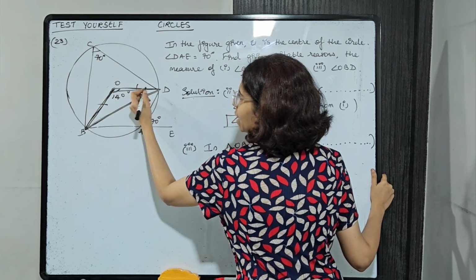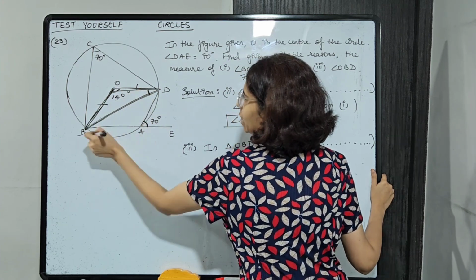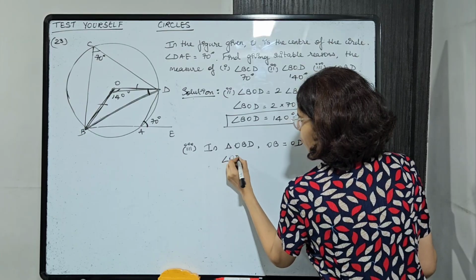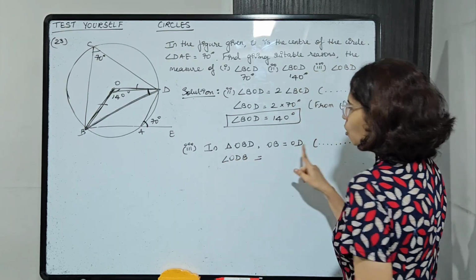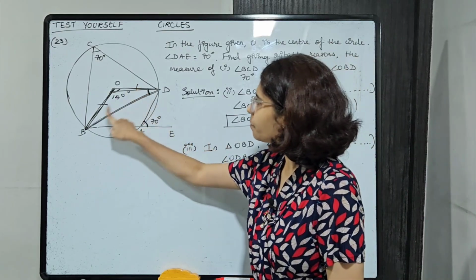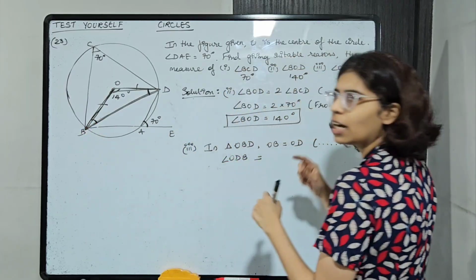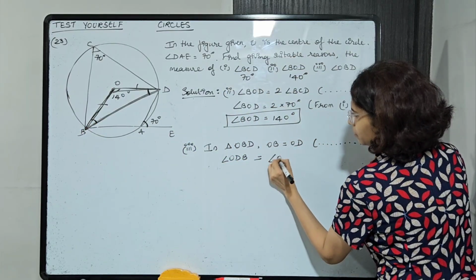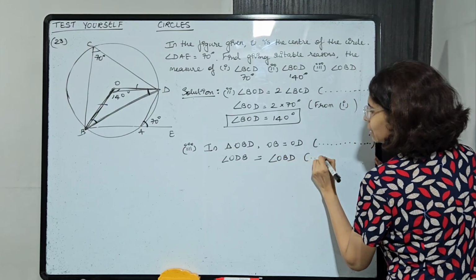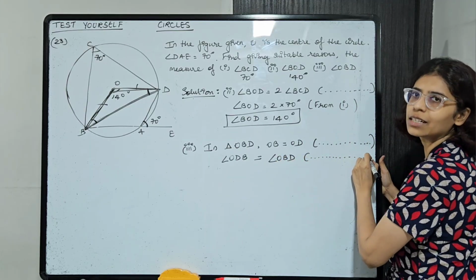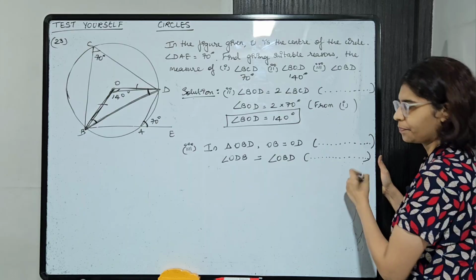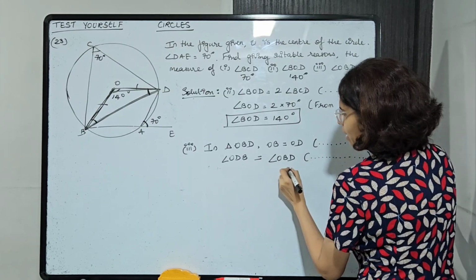OB का opposite angle is this, ODB. OD का opposite angle OBD, which I need to find, right? Both are equal. Angles opposite to equal sides are equal in a triangle. ठीक है? So these two angles are equal.